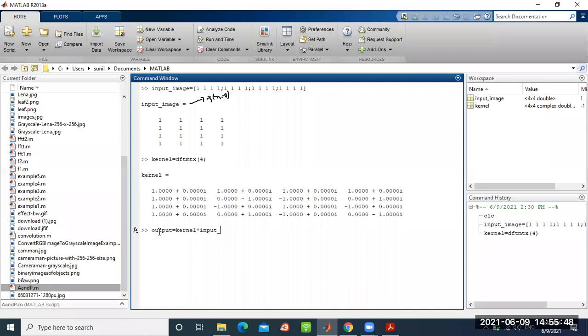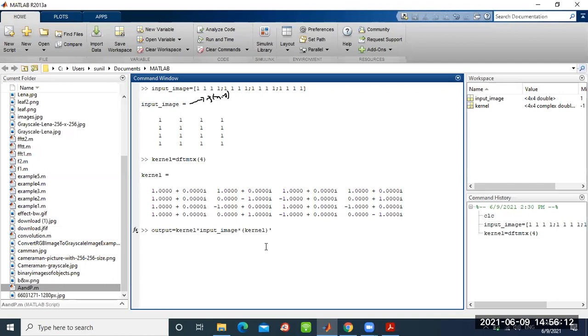In the variable called input image. Now again multiplication by the transpose of the kernel. So how do we find the transpose in Matlab? Simply put a dash here. Kernel dash, as I told you earlier.